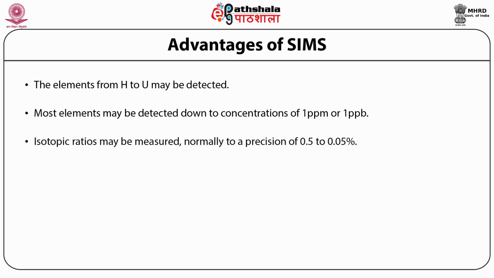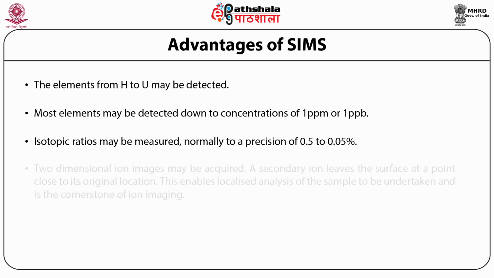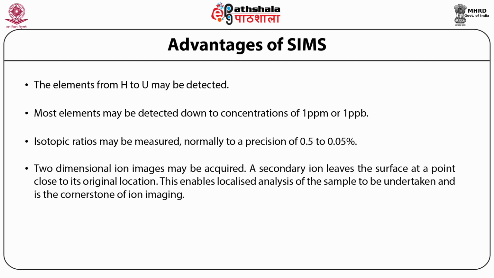The isotopic ratios may be measured normally to a precision of 0.5 to 0.05%. So it has a high precision. Two-dimensional ion images may be acquired.